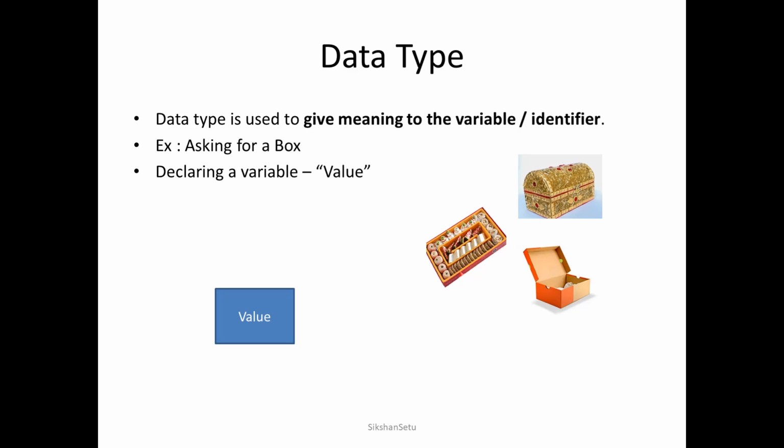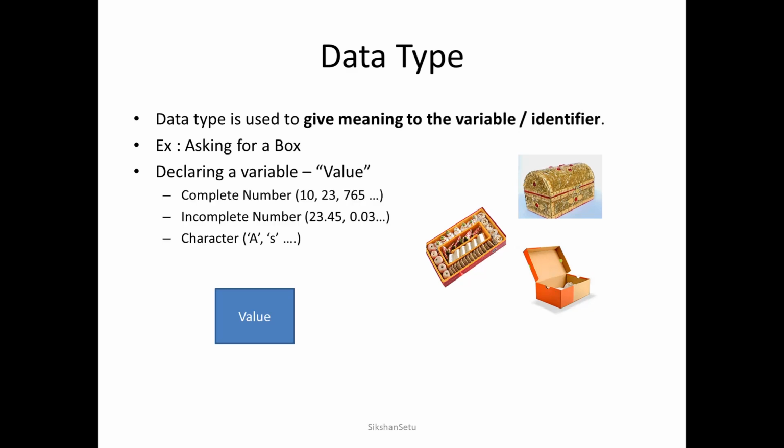Technically, in our programming language, this variable can contain a complete number, meaning any whole number like 10, 23, 765 or so. It can also contain an incomplete number like 23.45, 0.03 or any fractional number. This box or variable can also store characters.